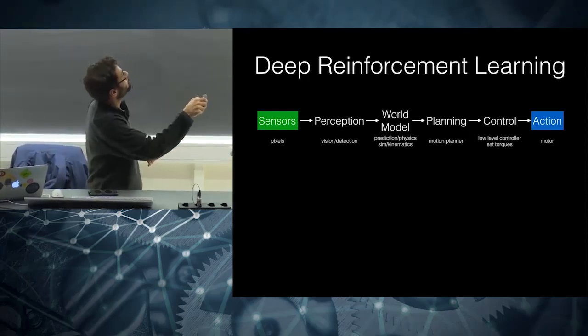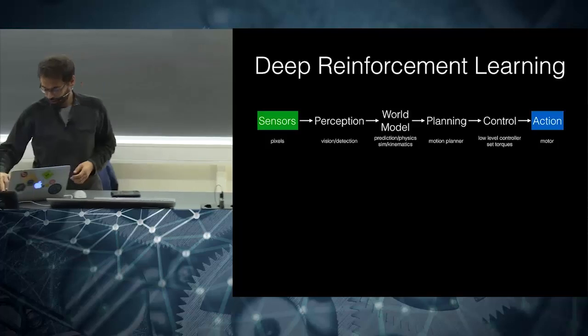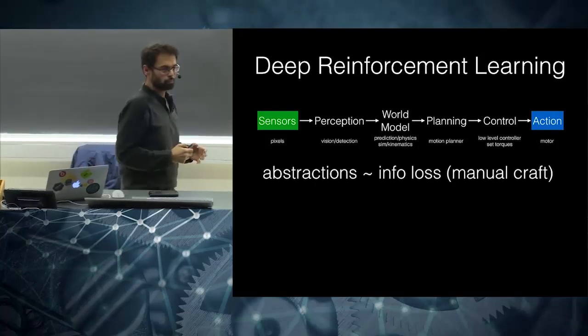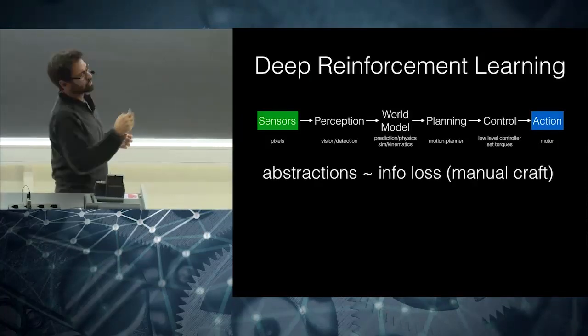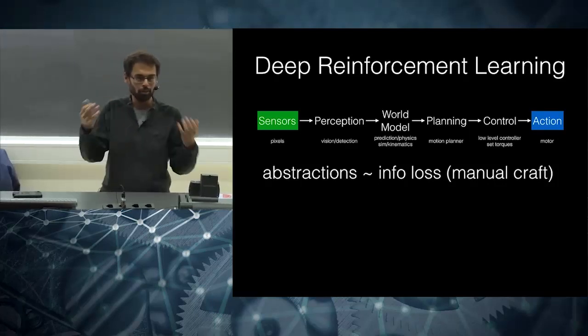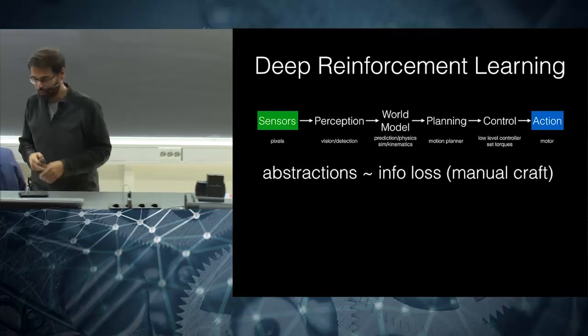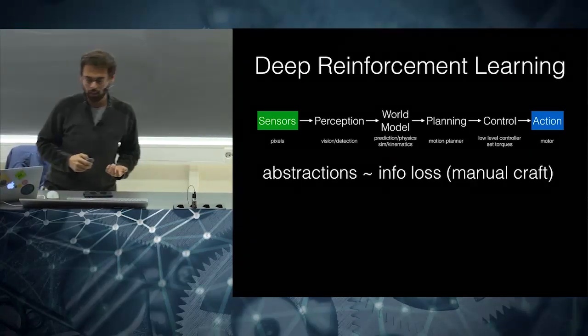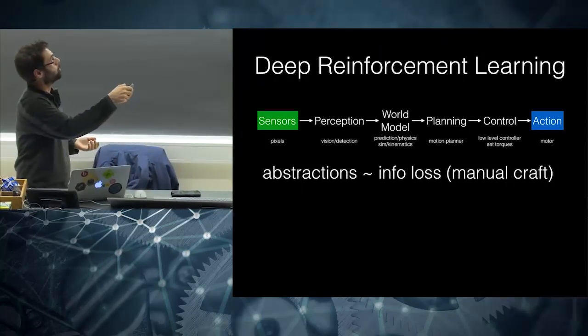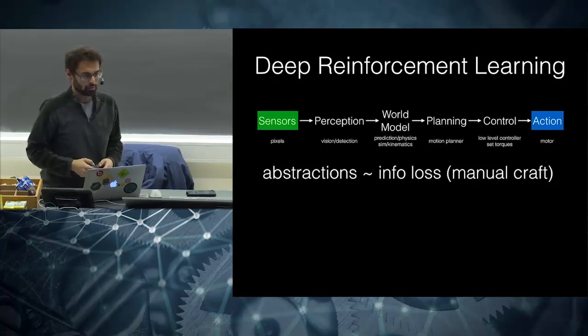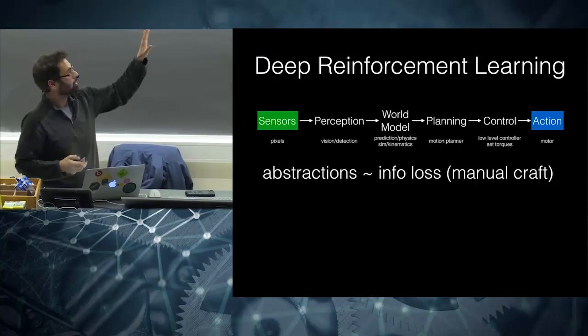But say you forget or you miss out some things in the perception model. There are some objects, say, in the environment that you didn't think were relevant, but they actually are. Then this whole pipeline breaks down. There's a lot of information loss here, which only adds up. And it's a manual craft to do that.